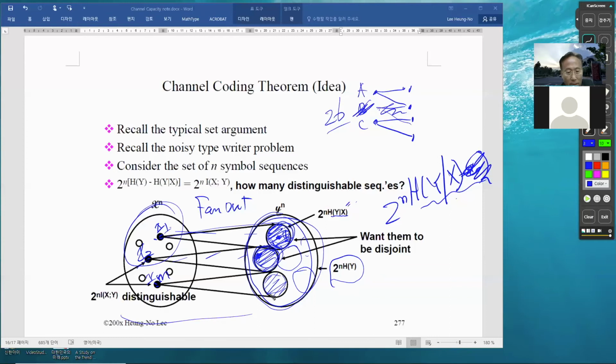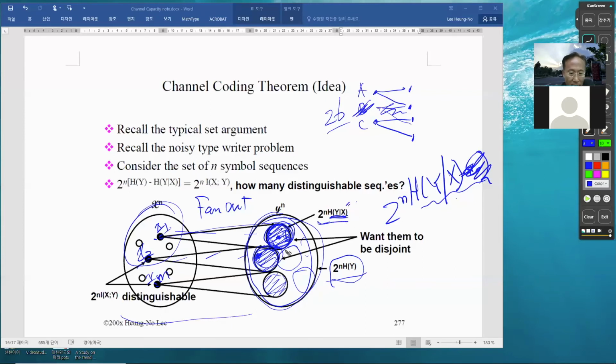So there are this many output sequences of length n. And among them, we have typical sets based on the conditional entropy, H(Y|X).